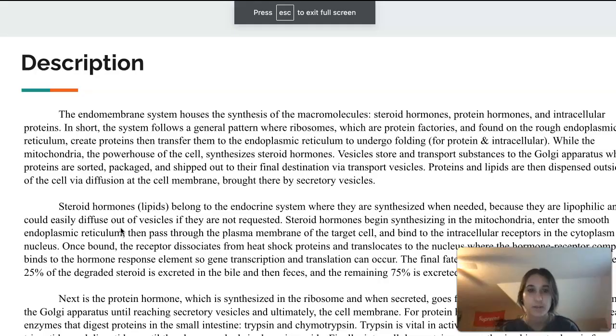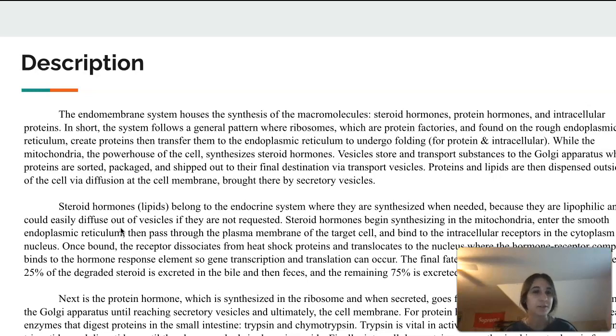For the description, after watching the Moo Math and Science YouTube video, I learned that the endomembrane system houses the synthesis of macromolecules, such as the steroid hormones, the protein hormones, and intracellular proteins.